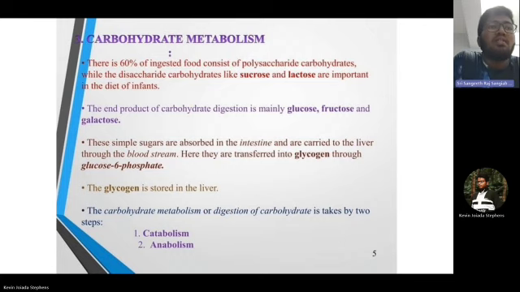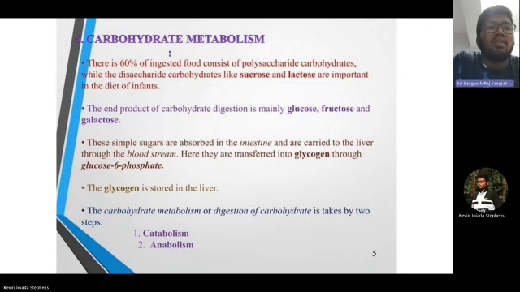These simple sugars are absorbed in the intestine and are carried to the liver through the bloodstream. Here they are transformed into glycogen and glucose 6-phosphate. The glycogen is stored in the liver.